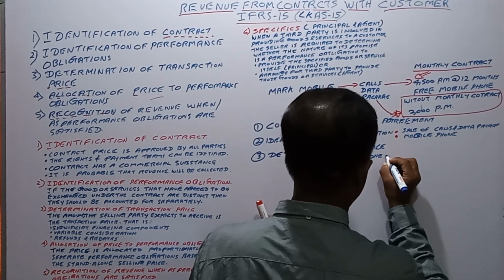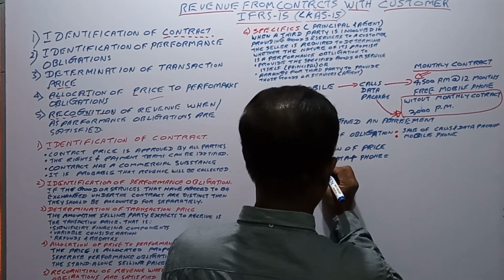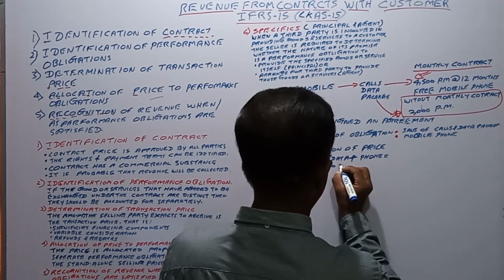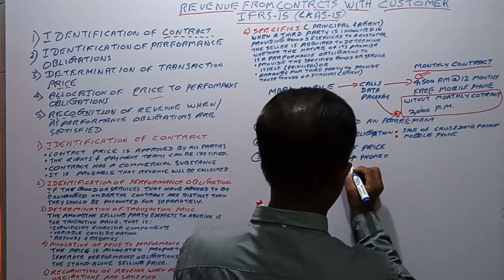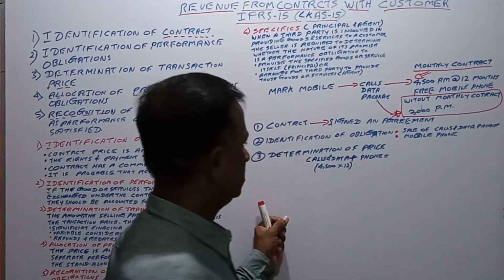How much? That is 4,500 into 12 months, right? 12 months. That is how much?